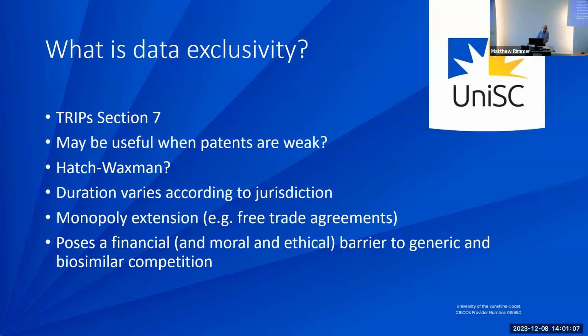There is the Hatch-Waxman Act of the United States, which brought this idea of an abbreviated new drug application into being in about 1984, and some say that that's where data exclusivity sprang from. It allowed us to have these abbreviated new drug applications where they didn't have to supply a complete dossier of preclinical and clinical trials.